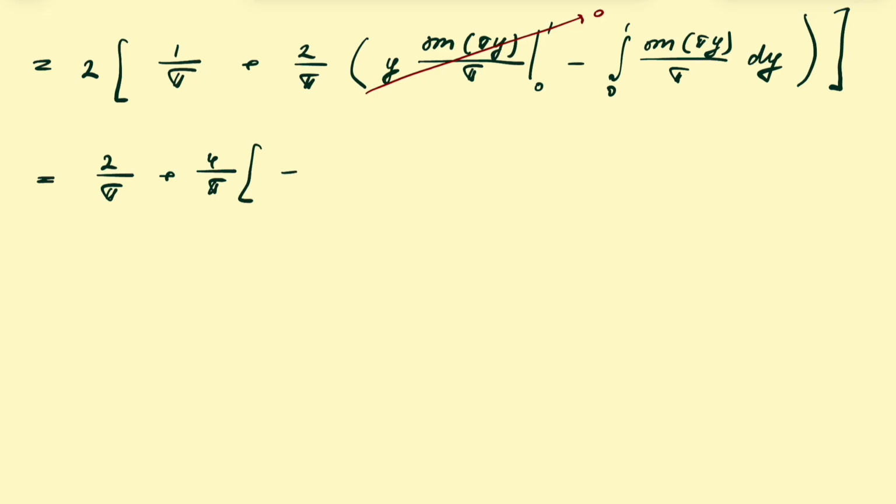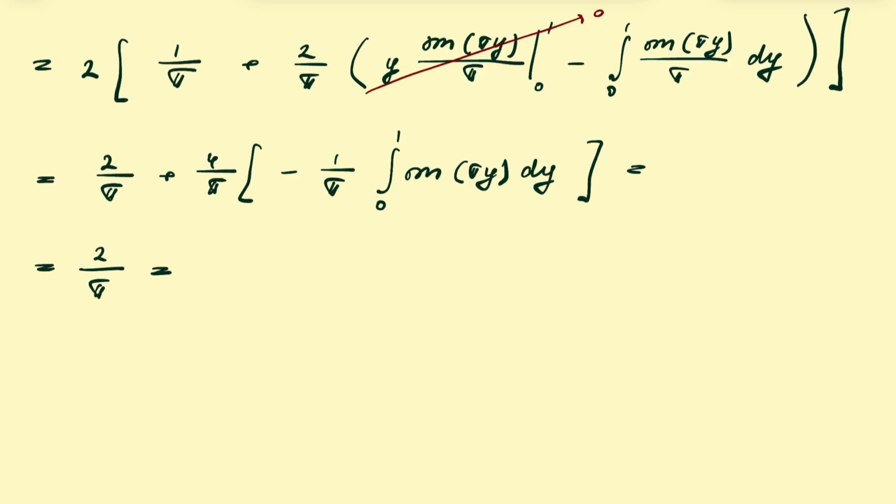It's minus 1 over pi, an integral from 0 to 1 of sine of pi y times dy, which is an obvious one. So, not losing time, I write 2 over pi plus, well, minus 4 over pi square, and an integral, this integral it will be what?